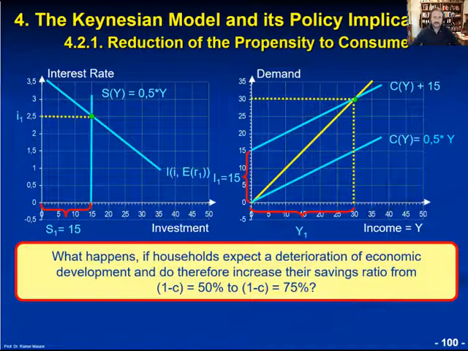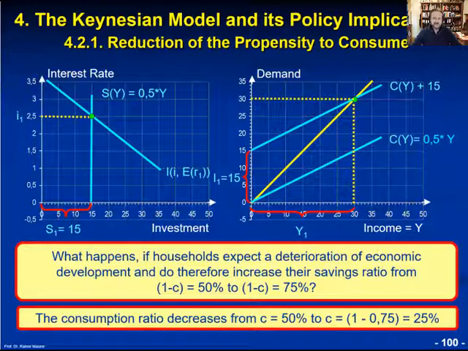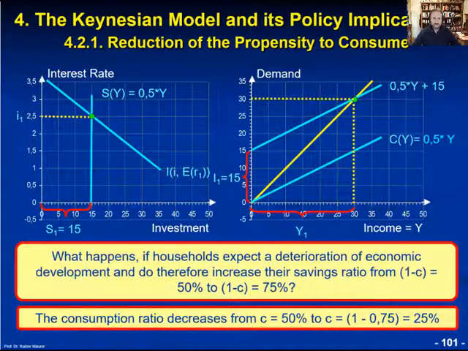How does the increase of the savings ratio to 75% change this initial equilibrium? The increase of the savings ratio to 75% causes a decrease of the consumption ratio to 25%, as already mentioned. This does now change the slope of the consumption function.